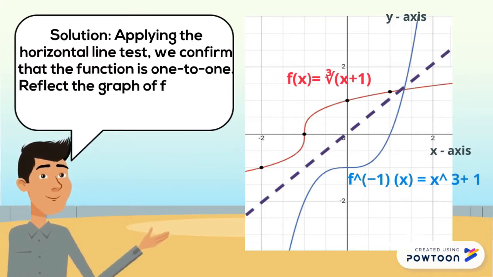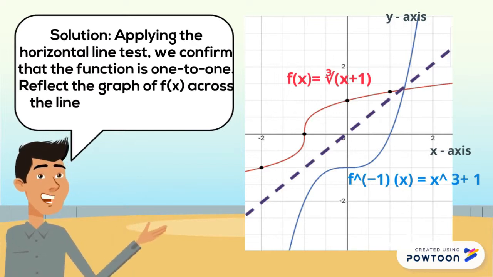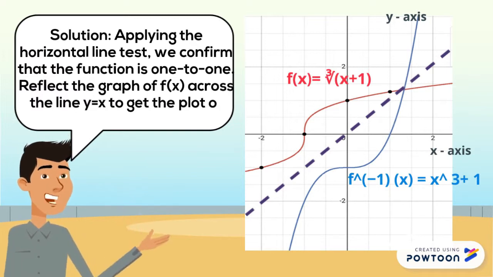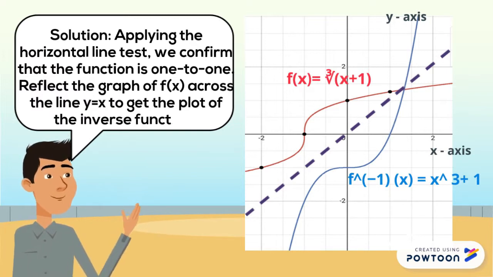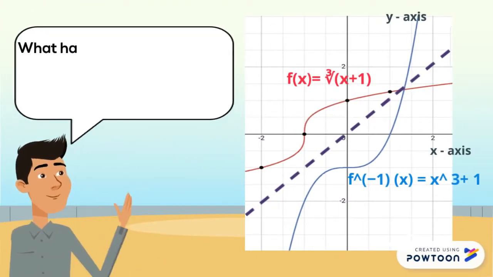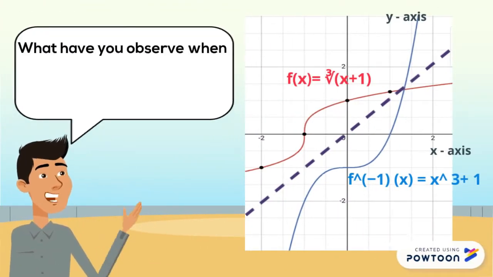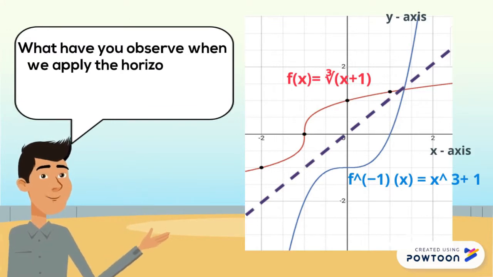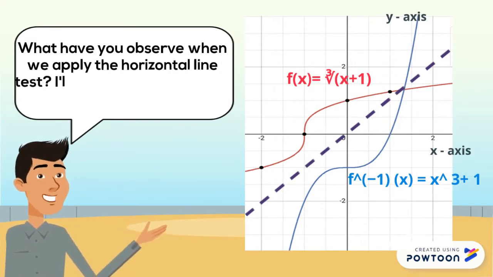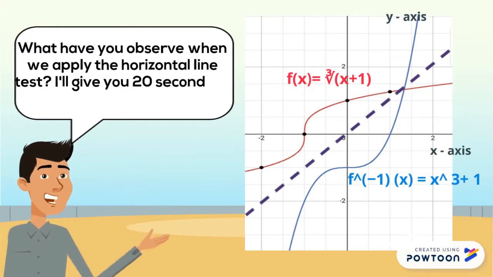Reflect the graph of f of x across the line y is equal to x to get the plot of the inverse function. What have you observed when we apply the horizontal line test? I'll give you 20 seconds to think of it.